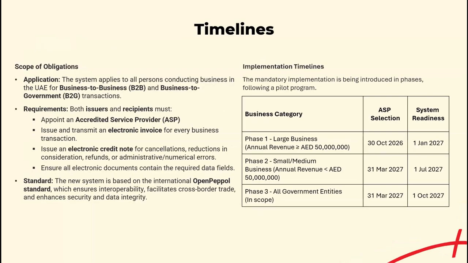Okay, so what is the criteria and how will things work? You can see phase one, which is going to start: if a company has turnover of more than 50 million, it will fall under phase one. ASP selection, 30th October is the last date to select the ASP. So before that, ASP selection needs to be done, and from 1st January you should be ready for e-invoicing, meaning your system should be ready.